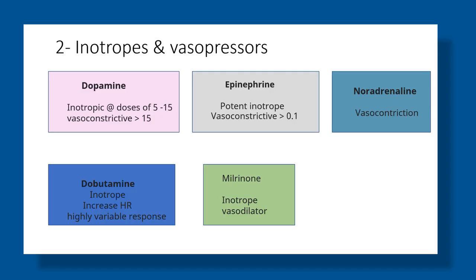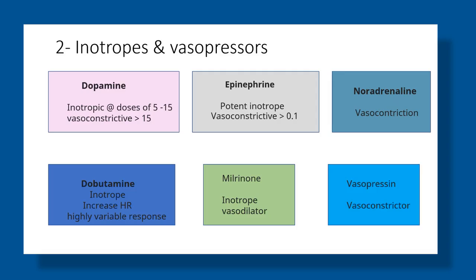Then we have milrinone, which is an inotrope as well as a vasodilator. Its use is mainly in babies with persistent pulmonary hypertension of the newborn. And then we also have this new thing, vasopressin, which is a pure vasoconstrictor. So knowing the mechanism of your inotrope is extremely important, because if you are dealing with a baby with poor cardiac contractility, you need to use an inotrope and not a vasopressor.